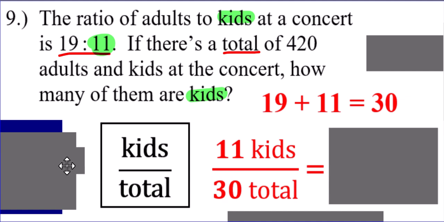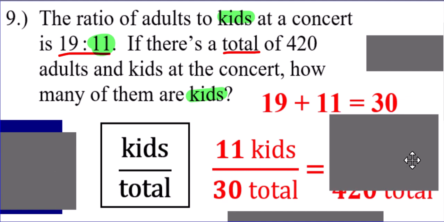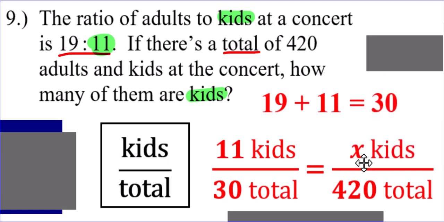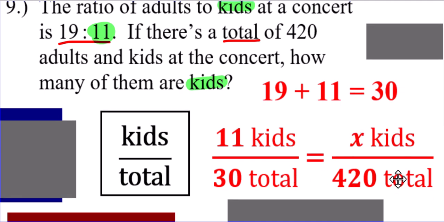I'm going to set that equal to, what was my new total? 420. How many are kids? I don't know. I'm going to go ahead and call it X kids. Kids over total equals kids over total. Notice I'm not using the adults because the problem did not ask me to find how many were adults.